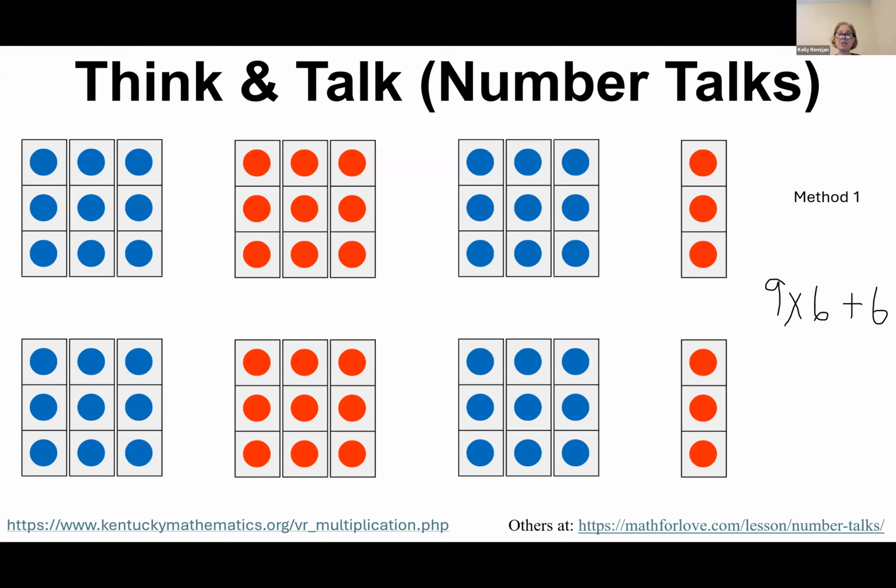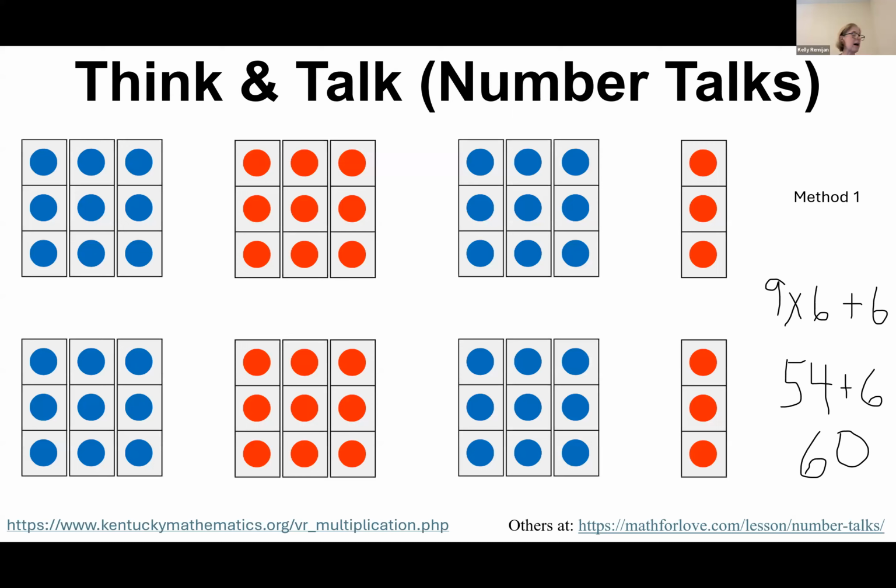This 9 times 6 really should be in parentheses, but when students share those things, you could be putting it down, not just having them share it verbally, but putting it down on the board or on the screen, what it is they wrote. And then we could talk about if someone else might say, well, I thought of it as 9 times 6 in parentheses plus 6. So you could talk about, are these the same? So this is one method of coming up with the answer here of 60.